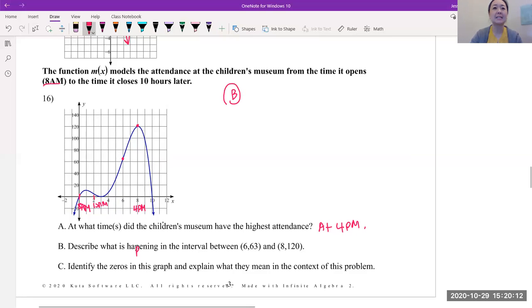Remember at 6, that's not 6 p.m. That's actually 2 hours before 4 p.m., which is 2 p.m. So at 2 p.m., there are 63 people in the museum.